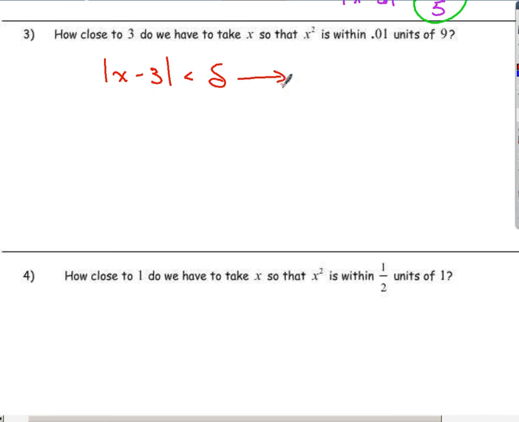As we set up the rest of this, we've got the absolute value of your function minus the limit idea. So the function expression here is x squared minus, we're getting within 0.01 units of 9, so we're subtracting 9, because that distance of 0.01, that is my epsilon idea.